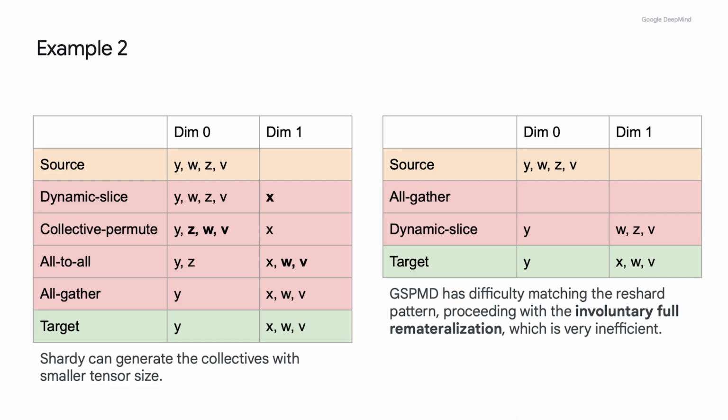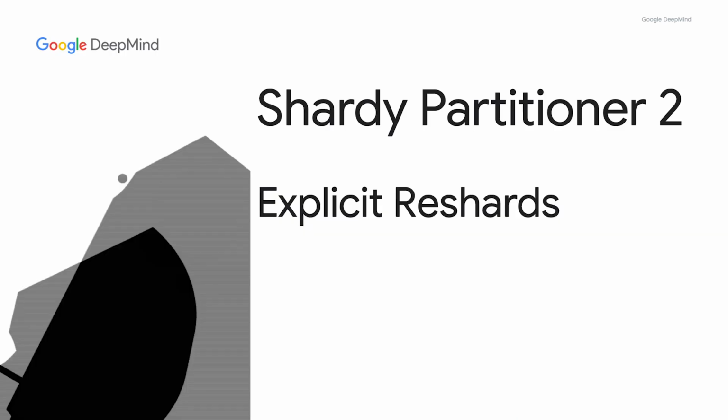In this case, it will have an expensive all-gather to make the tensor fully replicated, and then use a dynamic slice to obtain the desired sharding in each device, which is quite inefficient in terms of both memory consumption and communications.